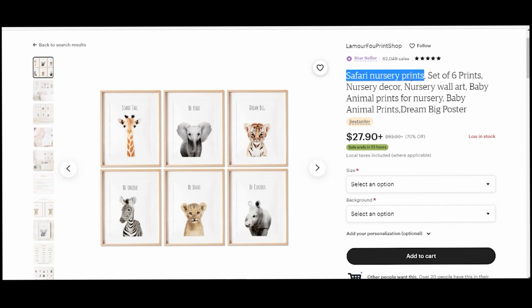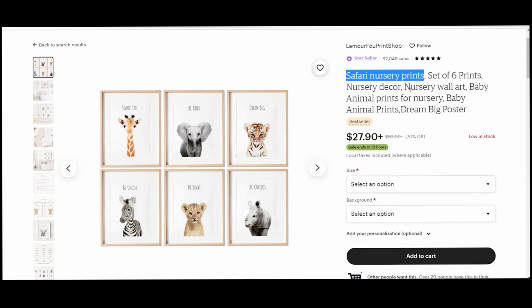This is really a thin line which leads to banning first your listing and then the whole shop. So just make sure that you're staying safe, checking for trademarks, and finding really great sub-niches like this seller. So any nursery prints, nursery wall art, those are niches which you really want to use.